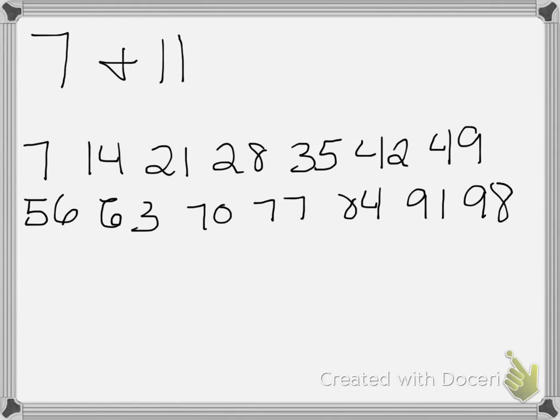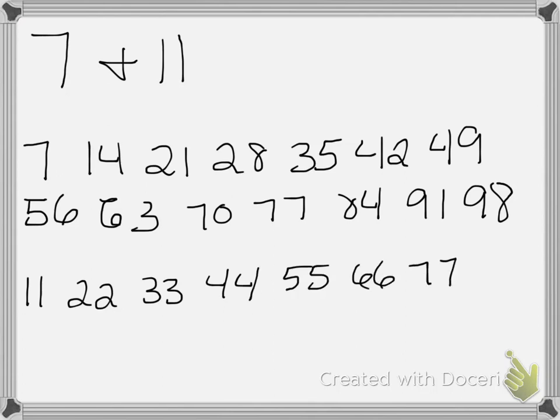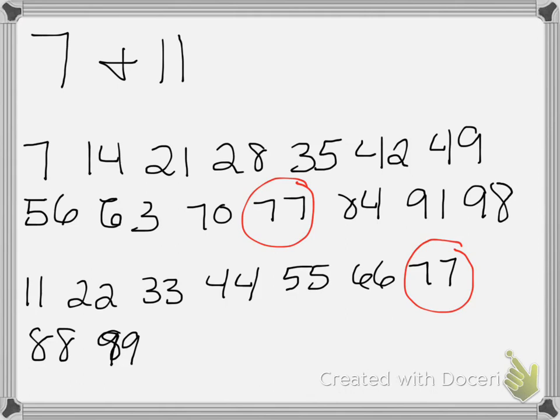Then we have our multiples of 11: 11, 22, 33, 44, 55, 66, 77, 88, 99. So the only number that 7 and 11 share is 77. So again in blue, our least common multiple equals 77.